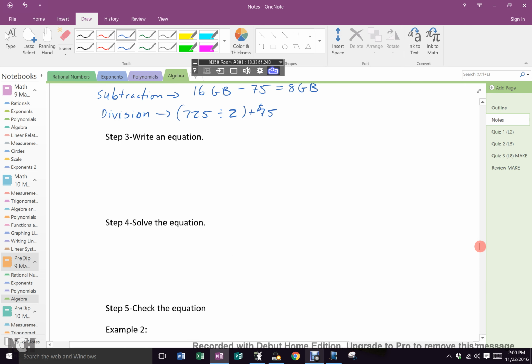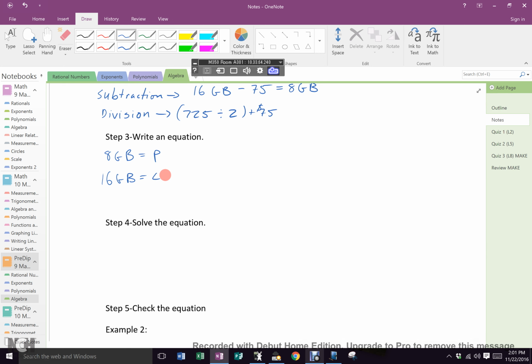What are the 2 things we're counting? There's an 8 gig phone. What variable do you want to give it? P for phone. Okay, that's not going to be very useful because the other thing's a phone too, but okay. And our 16 gig phone equals C. Now we've got some variables. Now can we write some equations?